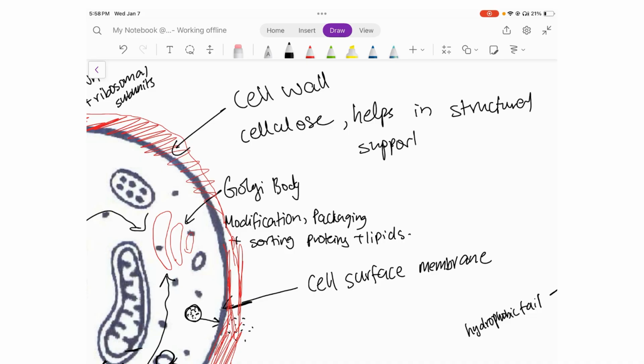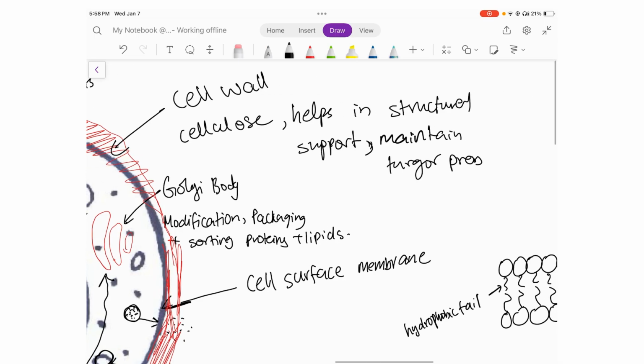What it also does is it allows the plant cell to maintain its turgor pressure, or basically the pressure within the cell, so that it doesn't burst or it doesn't have a pressure so low that it starts to turn flaccid.